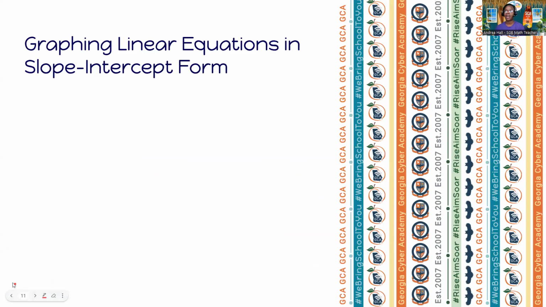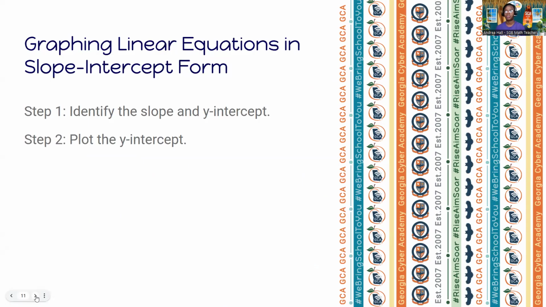Let's talk about graphing linear functions in slope-intercept form. So here are the steps to graphing linear equations in slope-intercept form. Step 1, identify the slope and the y-intercept. Step 2, plot the y-intercept. Step 3, use the slope to plot another point.